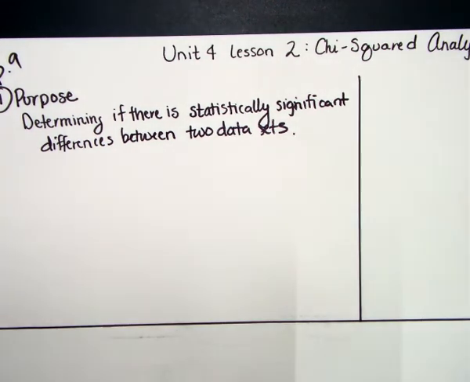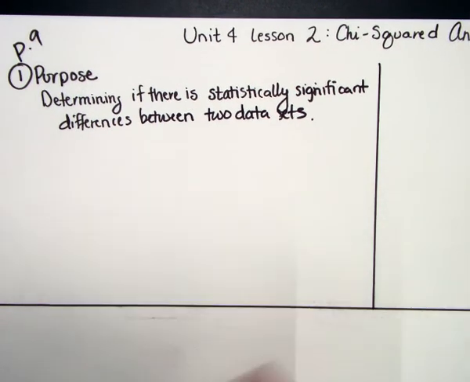Statistically significant differences between two data sets. So it's a mathematical process of determining if there is actual differences between two data sets.